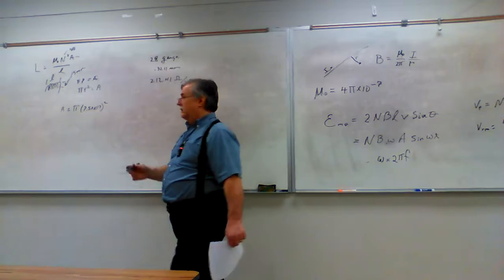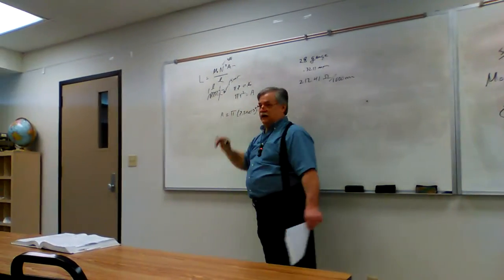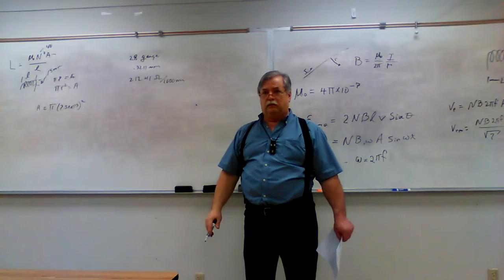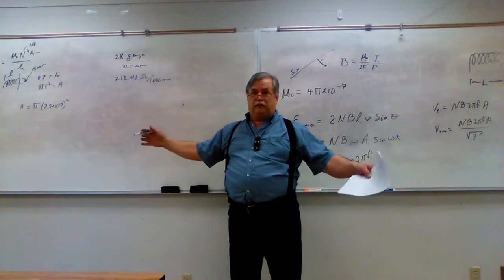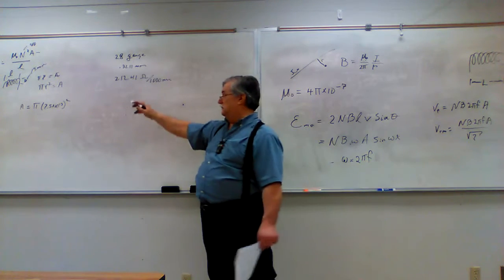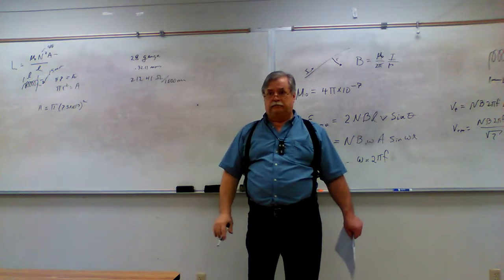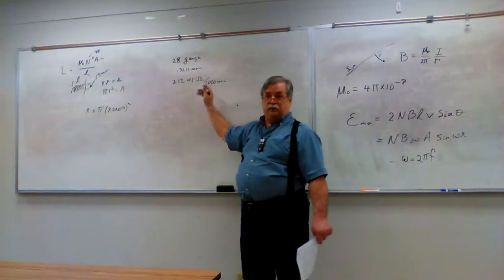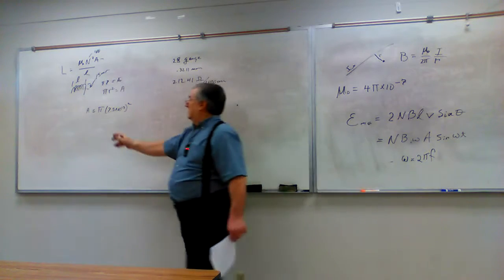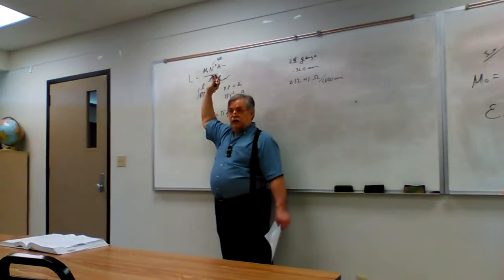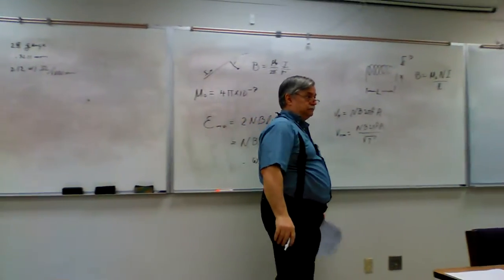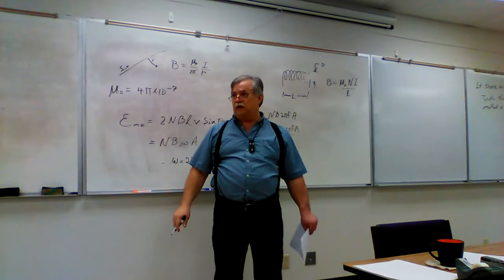Each turn would have a circumference of pi times the diameter of the inductor, and N times that circumference would give you the total length of the wire. That would tell you how much resistance that piece of wire has. This is how you would calculate the inductance that that homemade inductor would have. Does everyone see how that would work?